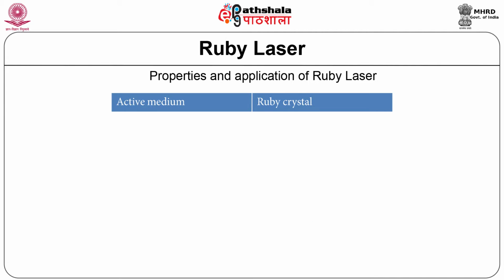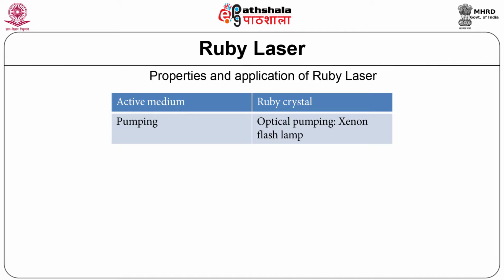Now, let us see the properties and applications of ruby laser. In ruby laser, the active medium is ruby crystal. Pumping is done by optical pumping using a xenon flash lamp. Wavelength is 694.3 nanometers.